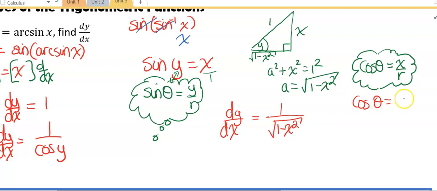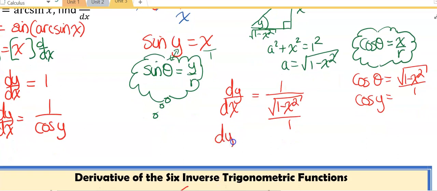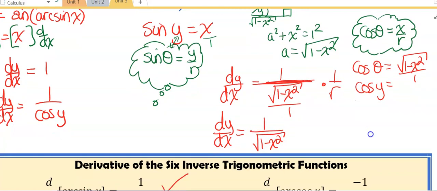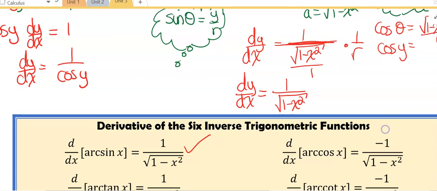According to this problem, cosine of y is the square root of 1 minus x squared over r, which is 1. And then the final answer, dy by dx: remember this is our original fraction bar, multiply by the mess there, so we've got 1 over the square root of 1 minus x squared. And that is the derivative of arc sine of x.